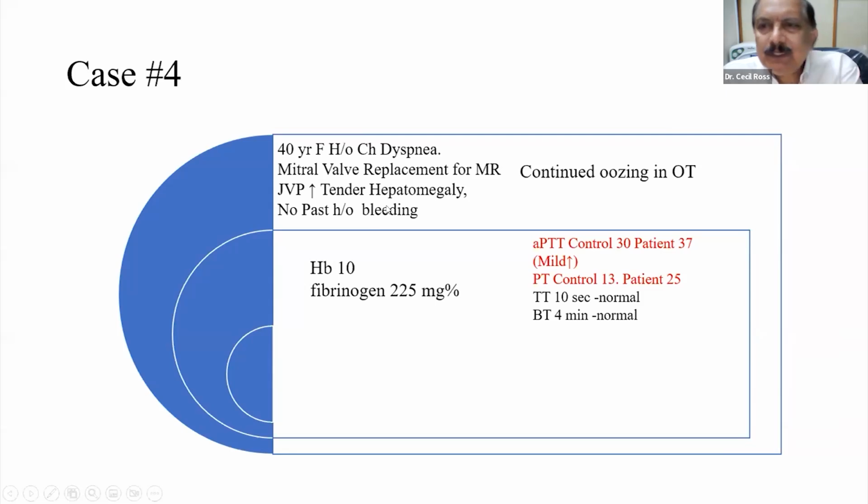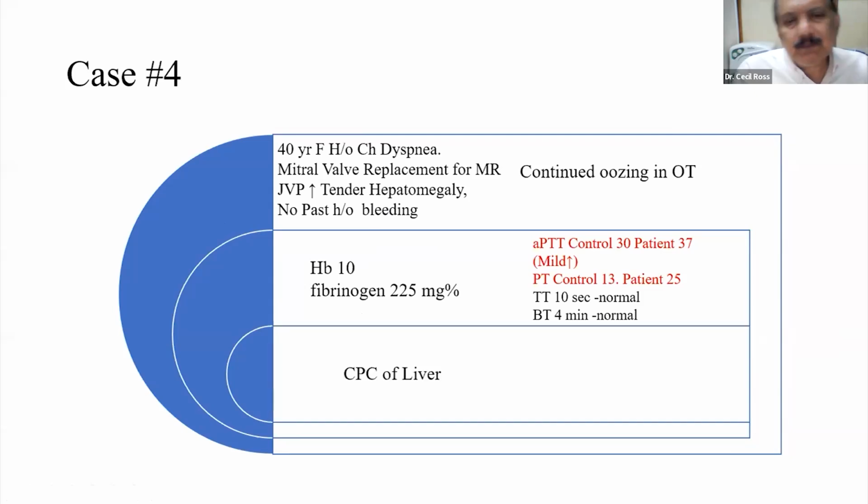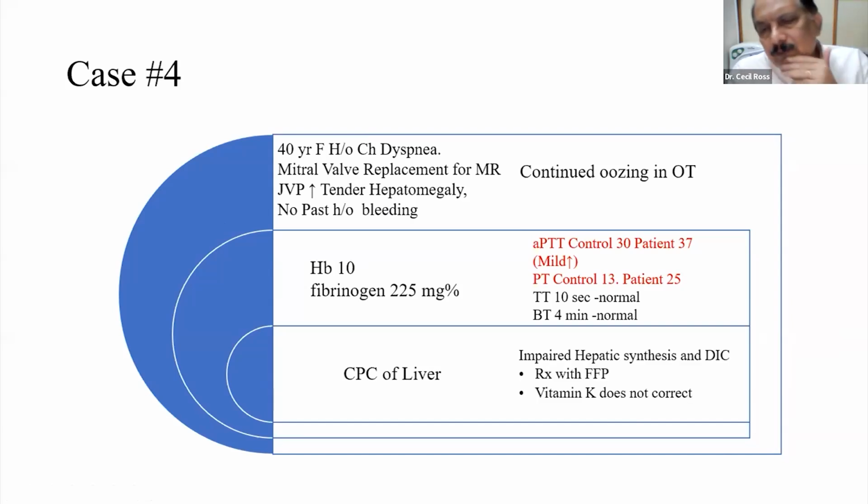So now the JVP is elevated, with prominent A waves and V waves, and prominent V wave. And so there's congestive hepatomegaly, chronic passive congestion of the liver. With that congestive hepatomegaly, you have impaired hepatic synthesis of all the coagulation proteins, and there will be mild DIC.